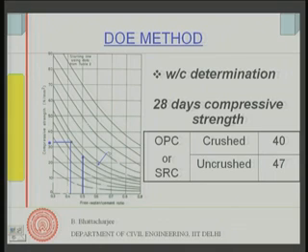Since my target mean strength is known, corresponding to the target mean strength I find out my water cement ratio using this same curve. That means, if 32 was my target mean strength, I draw a line like this and then drop it down to find out my water cement ratio is 0.43, as can be seen here. So, that is how we determine the water cement ratio.